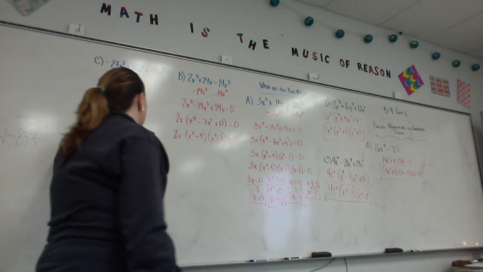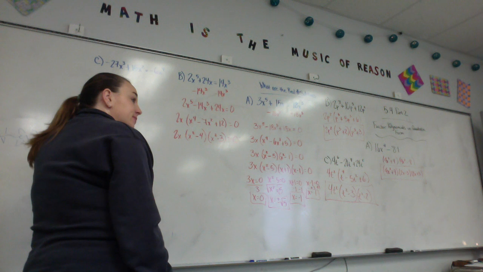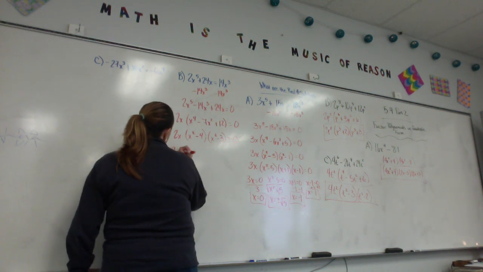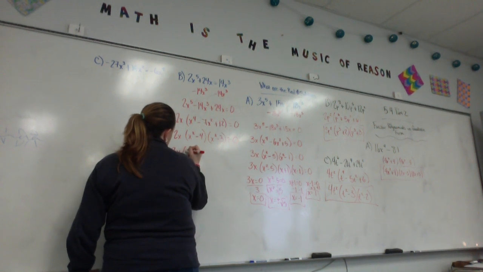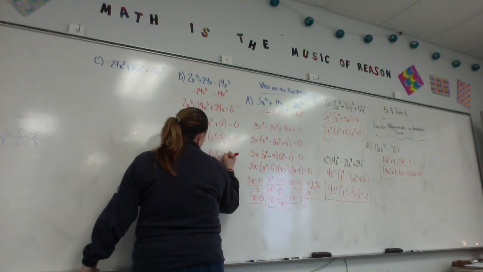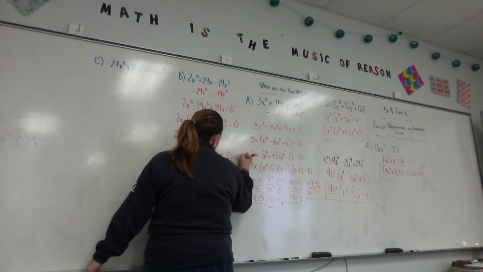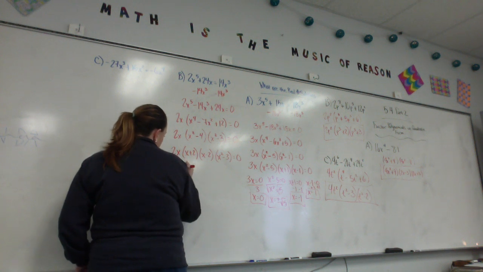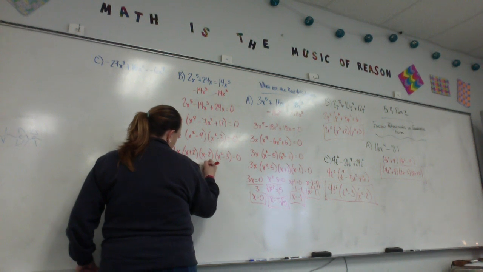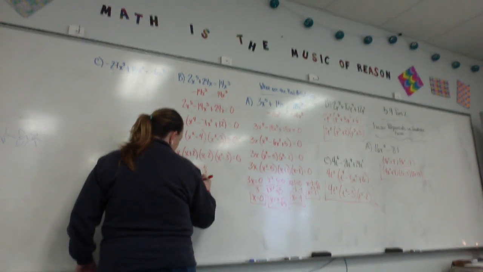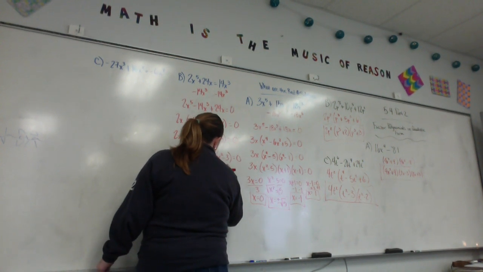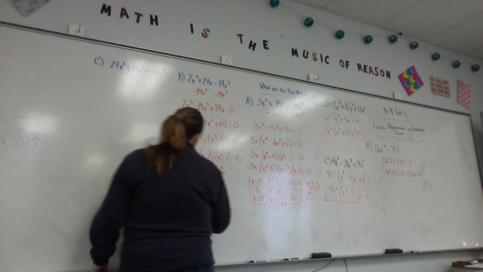Am I done? No. Why not? Because x squared minus 4 is a difference of two squares. So what does that factor out to be? x plus 2, x minus 2, and then I have x squared minus 3 equals 0. So I set each of these equal to 0 and solve. x equals 0. x plus 2 equals 0, so x equals negative 2.